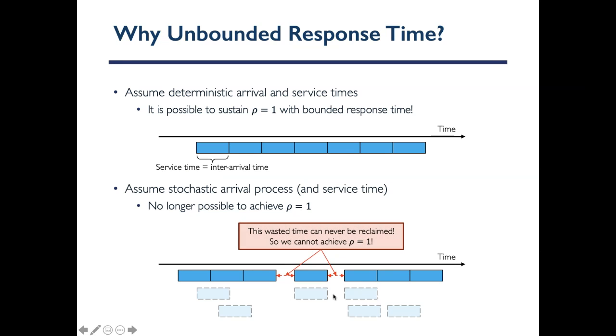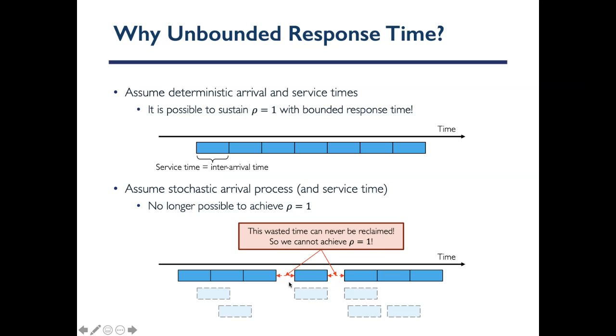Now, this is a time that you cannot get back. There was a time that there was no request in your system, so you could not possibly serve any request, and it happened because arrivals were random. It just happened that you had a long inter-arrival time. So this time passed by and you didn't do anything.